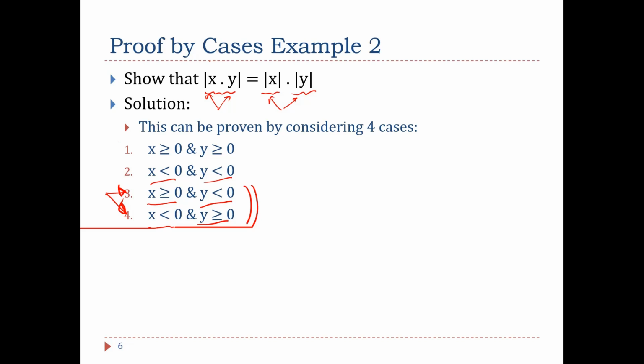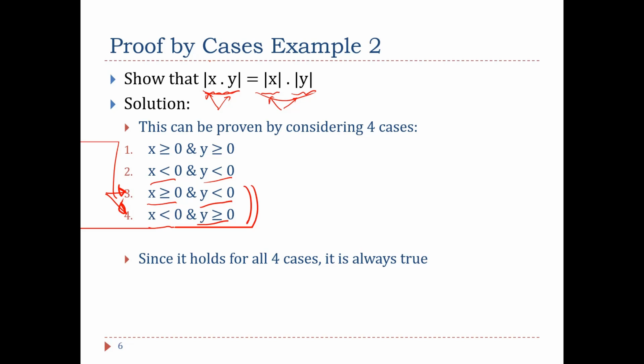But let's think about this property first of all in these three cases, let's say. Okay, so if you think about it, it happens that the property holds in the three cases.